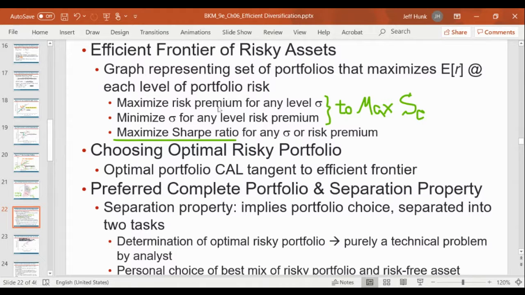The more northwesterly the efficient frontier moves, the higher the CAL and the higher the Sharpe ratio. Next: preferred complete portfolio and the separation property.